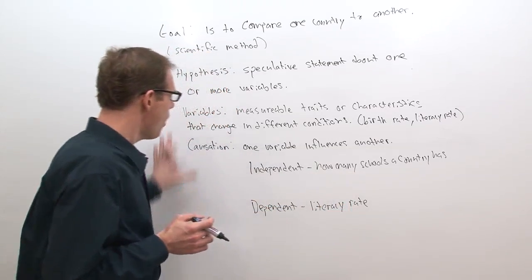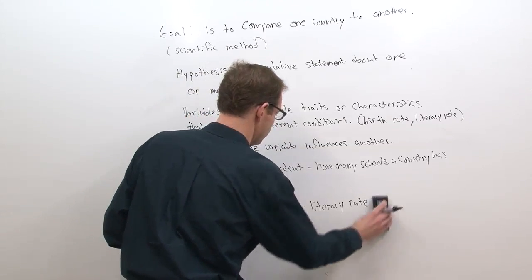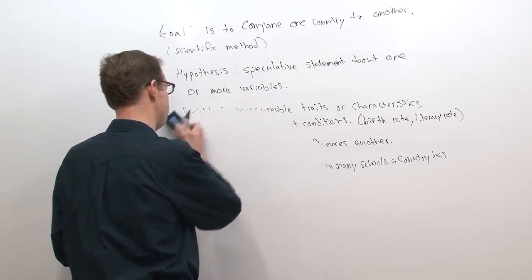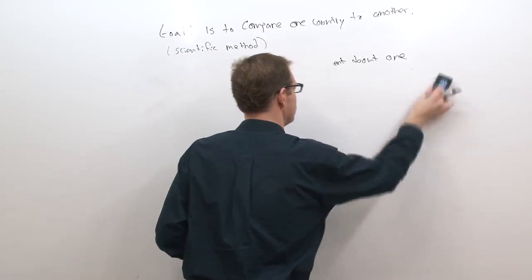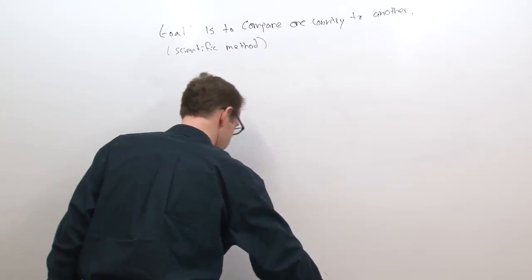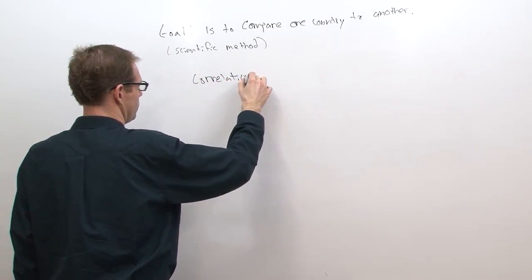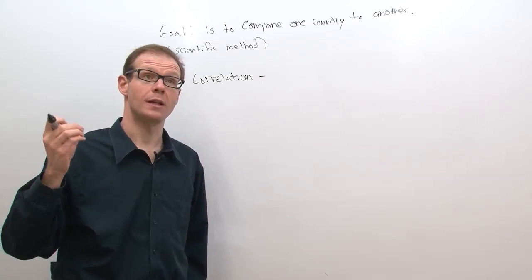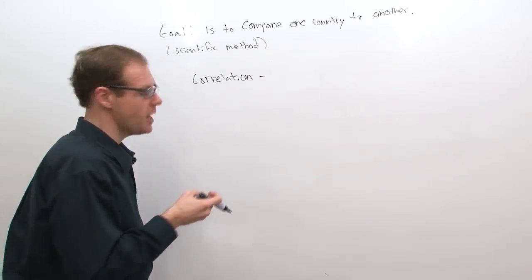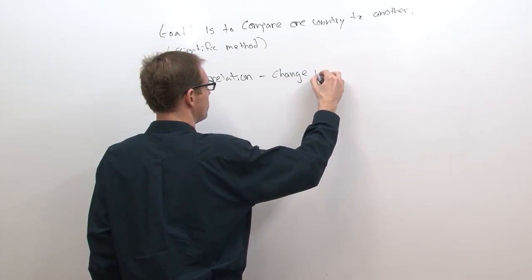Now, of all these elements, the last is correlation. Correlation exists when a change in one variable coincides with a change in another.